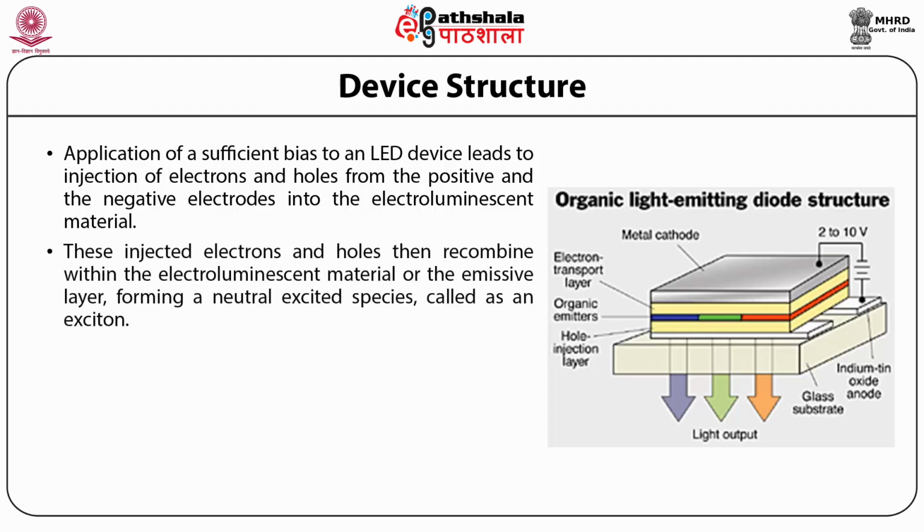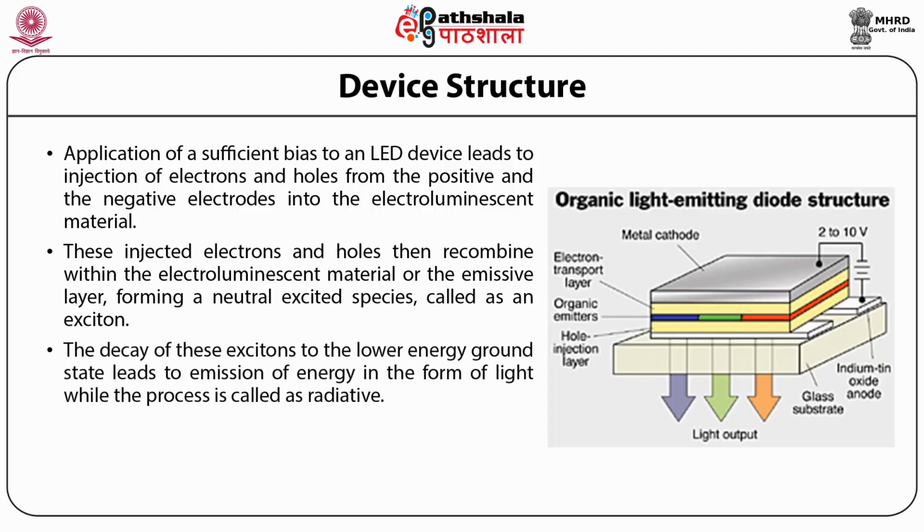These injected electrons and holes then recombine within the emissive layer, forming a neutral excited species called an exciton. The decay of these excitons to the lower energy ground state leads to the emission of energy in the form of light, while the process is radiative.